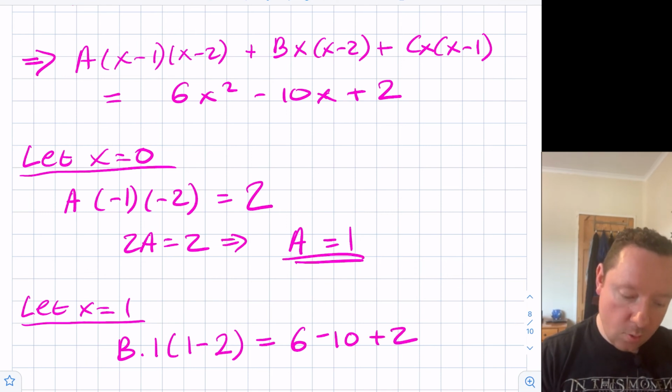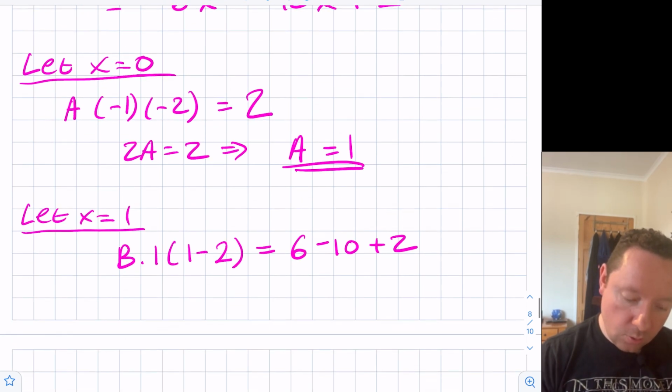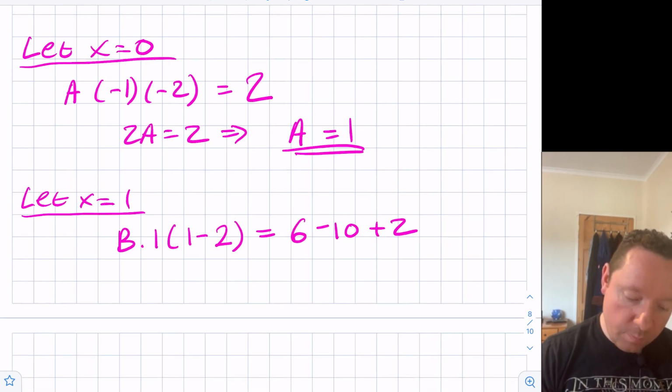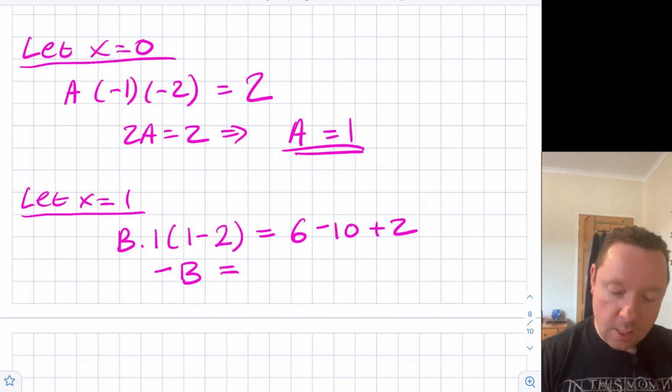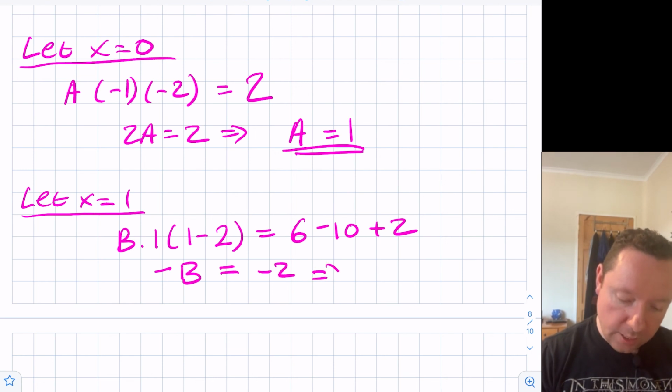And notice 1 minus 1, 0, so this is all gone, and 1 minus 1, 0, so this is all gone. So fixing that up, 1 minus 2 is minus 1, so minus b equals minus 4 plus 2, which is minus 2. All that implies b equals 2.